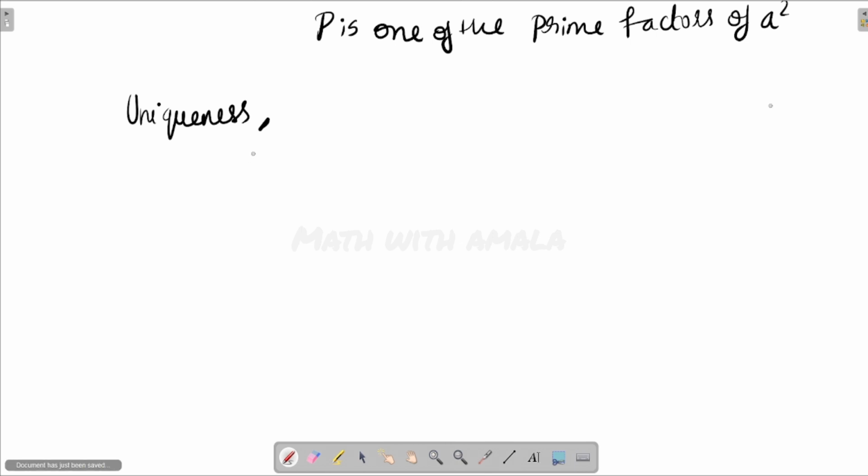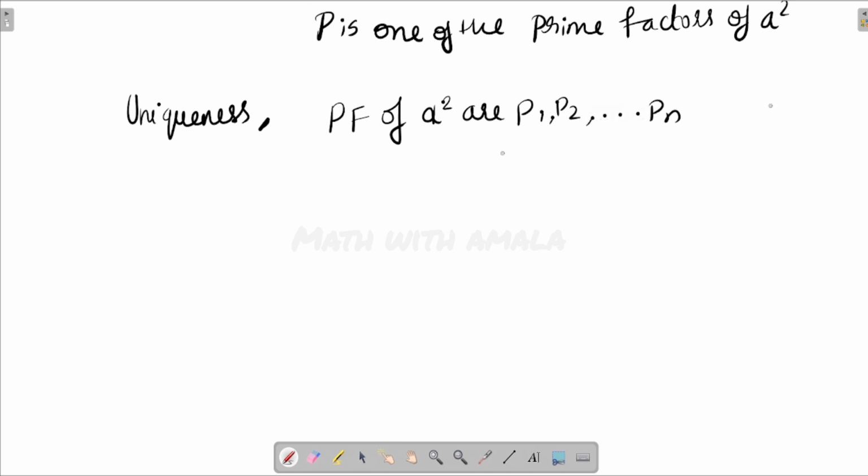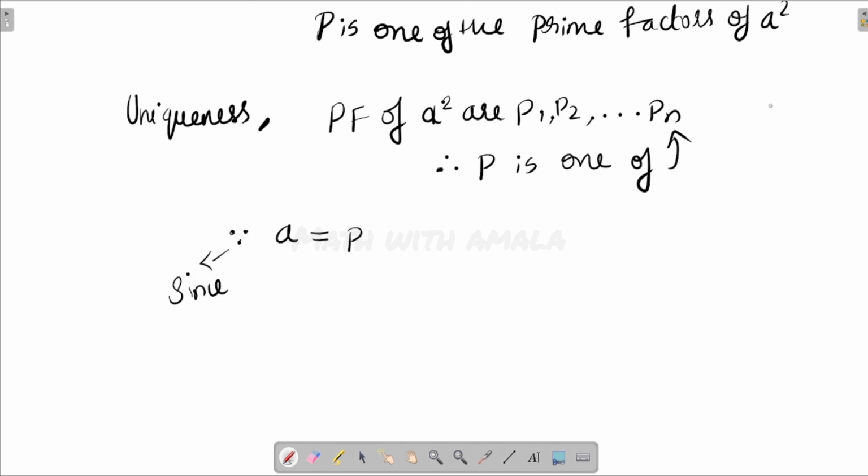Next, you can move to the uniqueness in this fundamental theorem of arithmetic. What that theorem gives you is the uniqueness. Let's take the prime factorization of a square. Then a square includes p1, p2, etc. pn. So p is one of these prime factors. This symbol with three inverted dots, like an inverted triangle, denotes since.